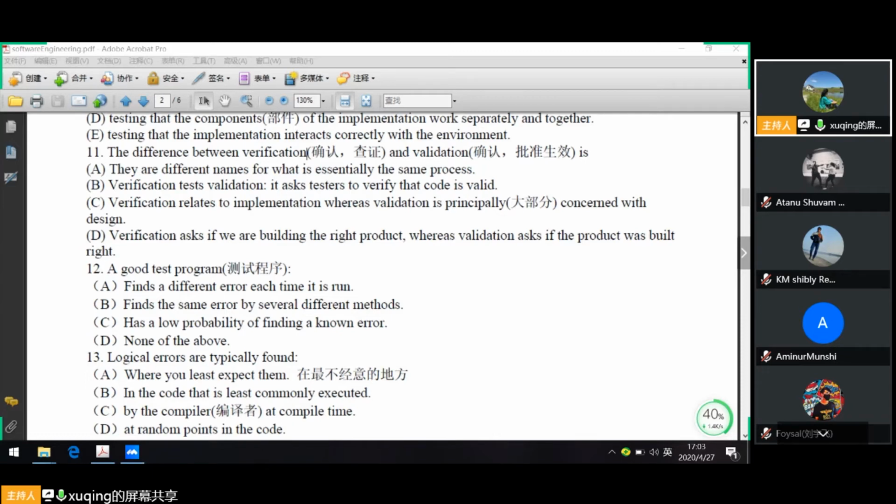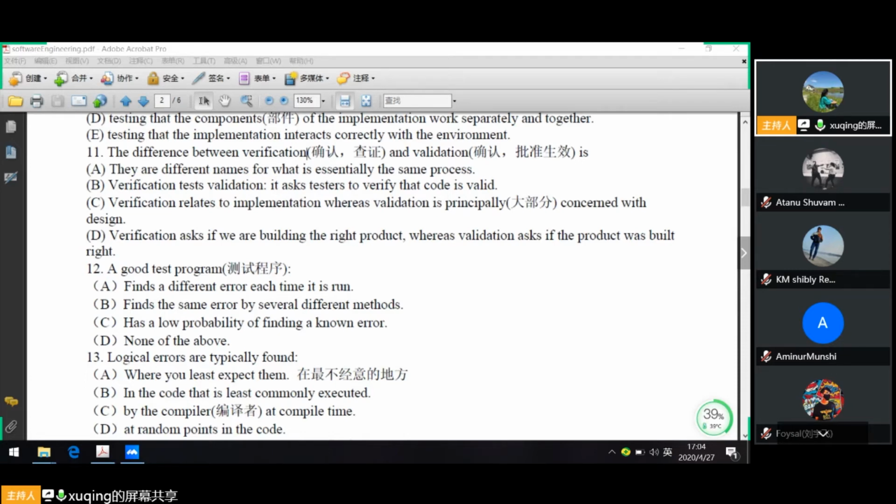Verification relates to implementation, whereas validation is principally concerned with design. It's not. For verification, we need to ensure that our system developed corresponds to the requirements.